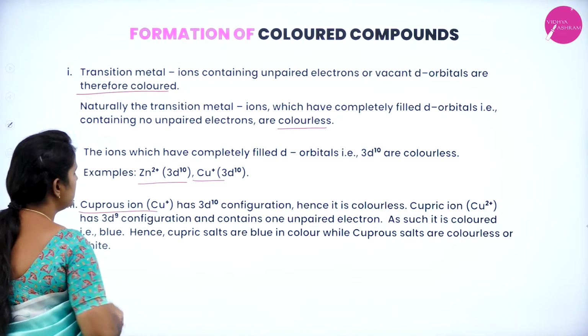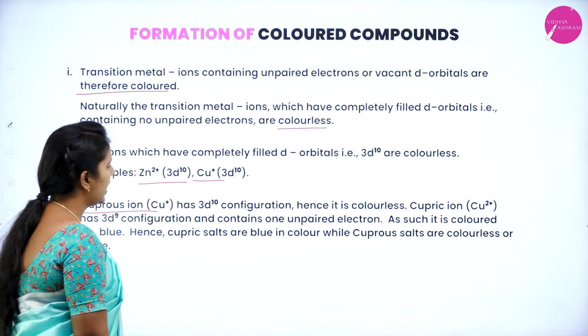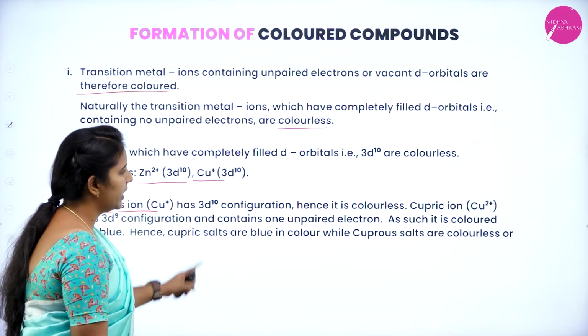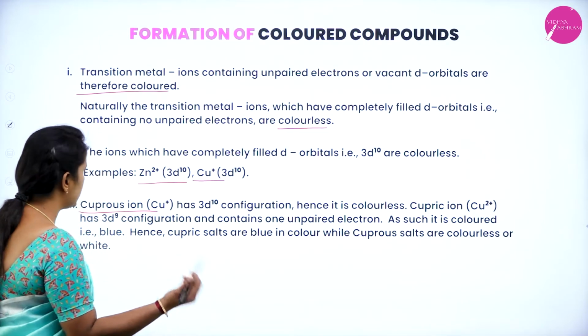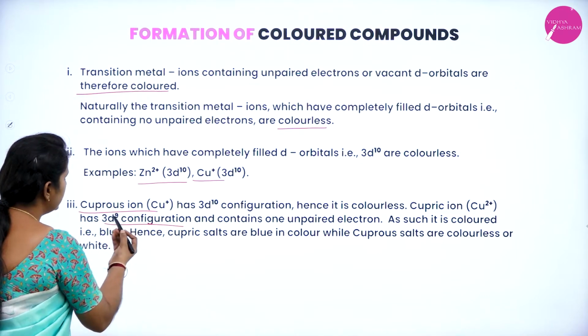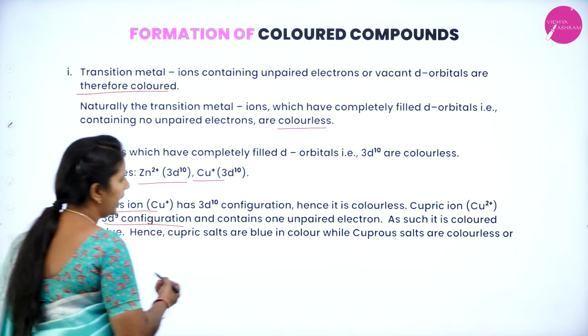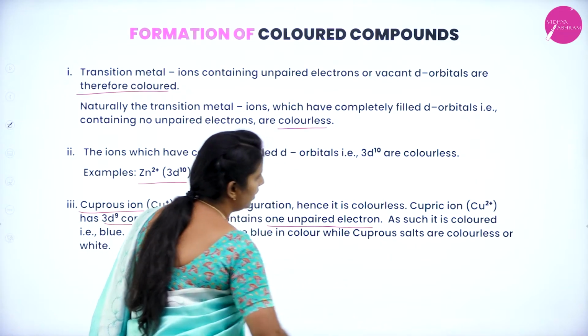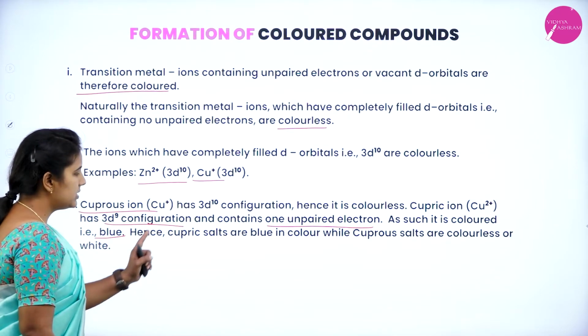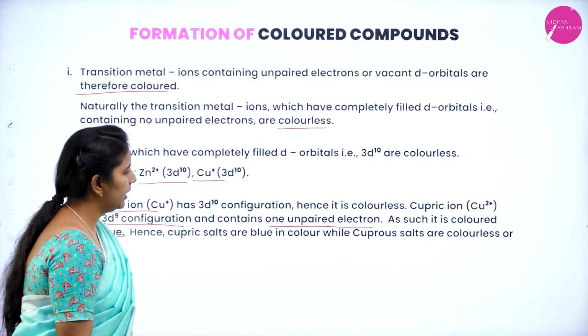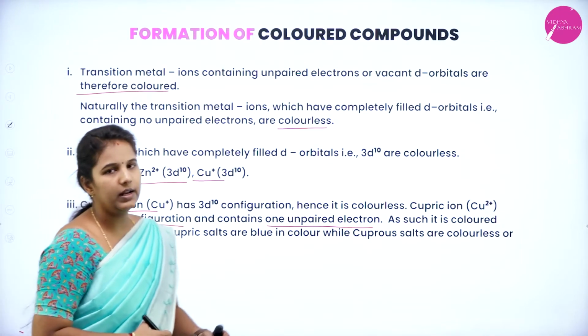But the cupric ion, Cu2+, has a 3d9 configuration, so it has one unpaired electron, hence it shows a blue color. Hence the cupric salts are blue in color while the cuprous salts are colorless.